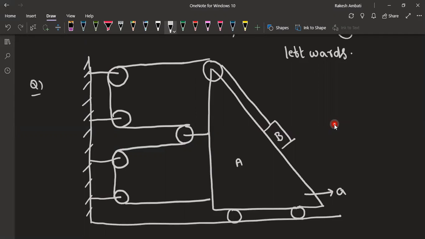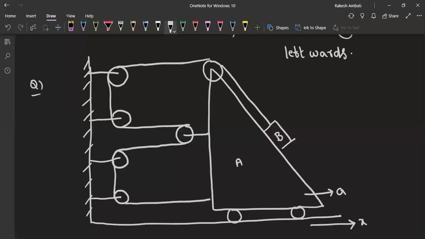Now we have to find the acceleration of the block. So in this case, for example, wedge A moves rightwards through distance x.